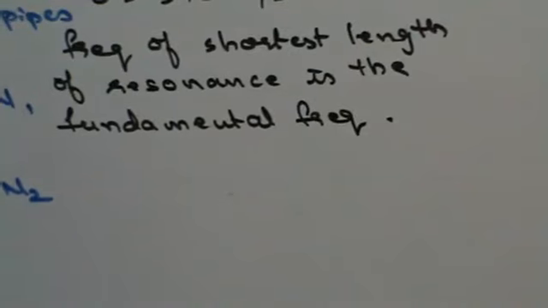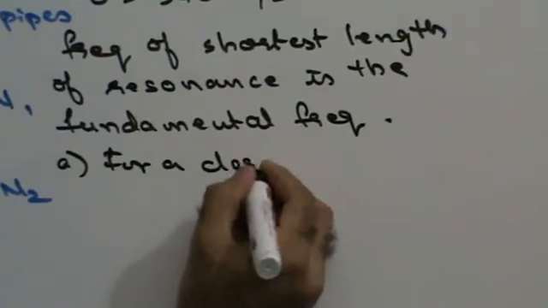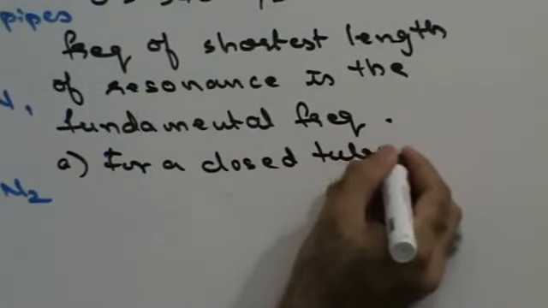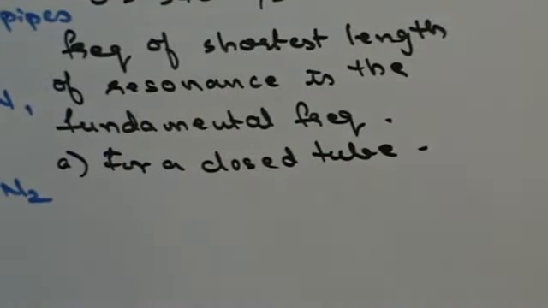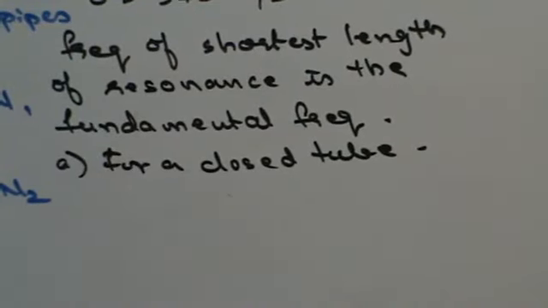Now for a closed tube, the fact that they've given you the diameter here means they want you to use the end correction, right?